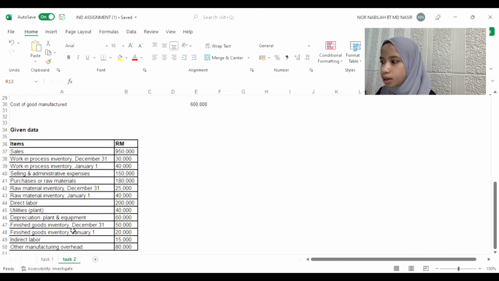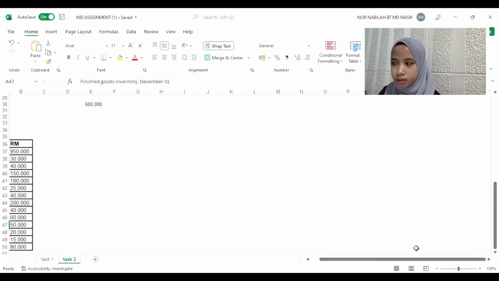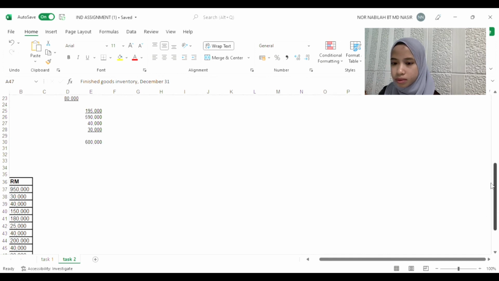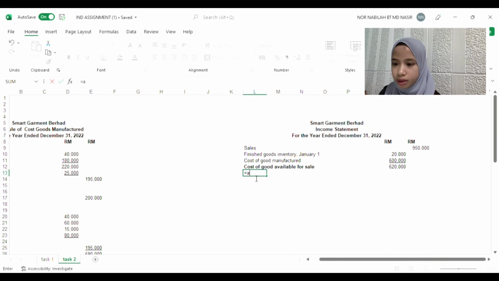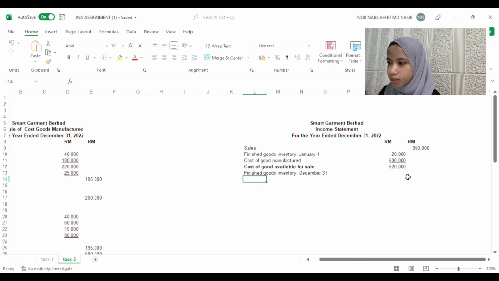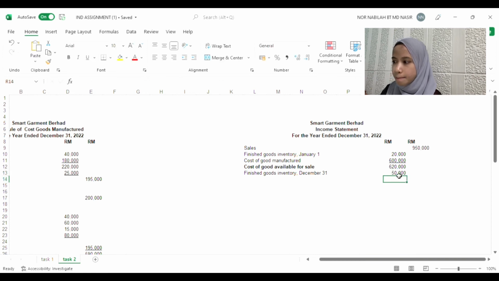The total is 620,000. Next, finished goods inventory for December 31. The amount is 50,000.